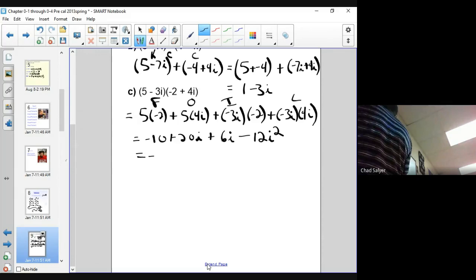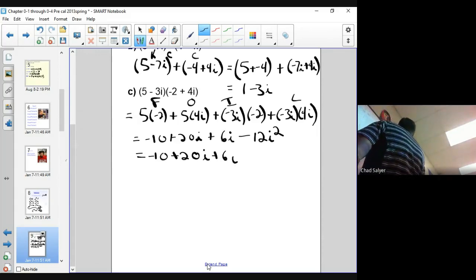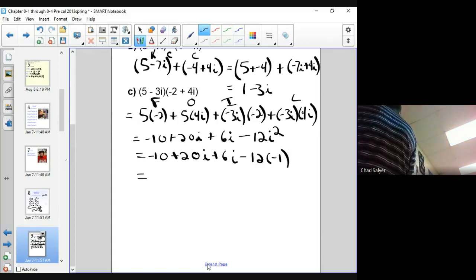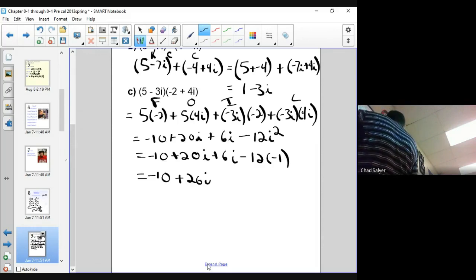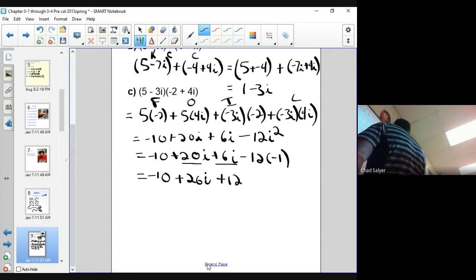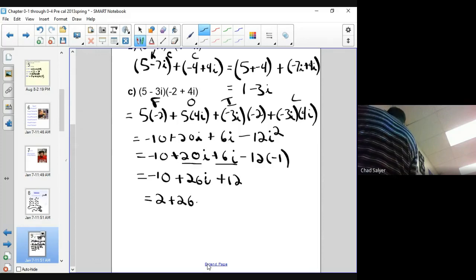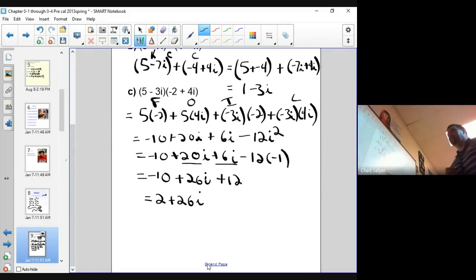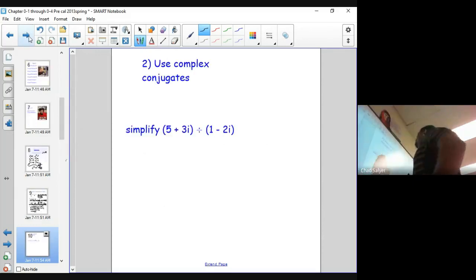So it's important that we change i squared wherever we find it to negative 1. So this is negative 10 plus 26i. I'm going to combine these two terms to get 26i plus 12. Negative times a negative is positive. So this is 2 plus 26i, like so.